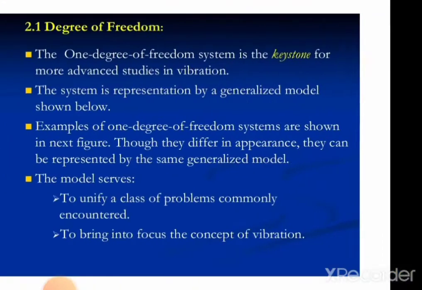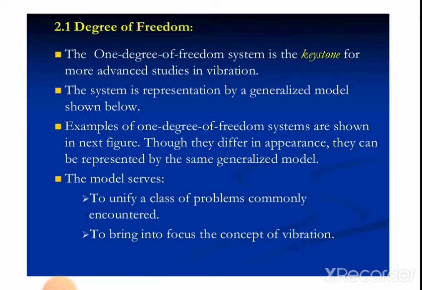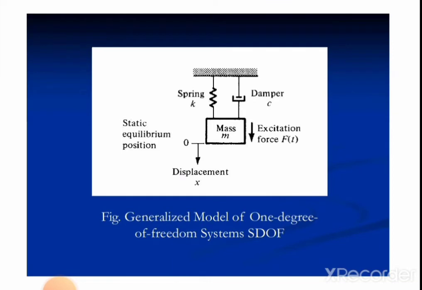Examples of one degree of freedom systems are given in the figure. Though they differ in appearance, they can be represented by the same generalized model. The model serves to unify a class of problems commonly encountered, to bring into focus the concept of vibrations. This is the generalized model of one degree of freedom.